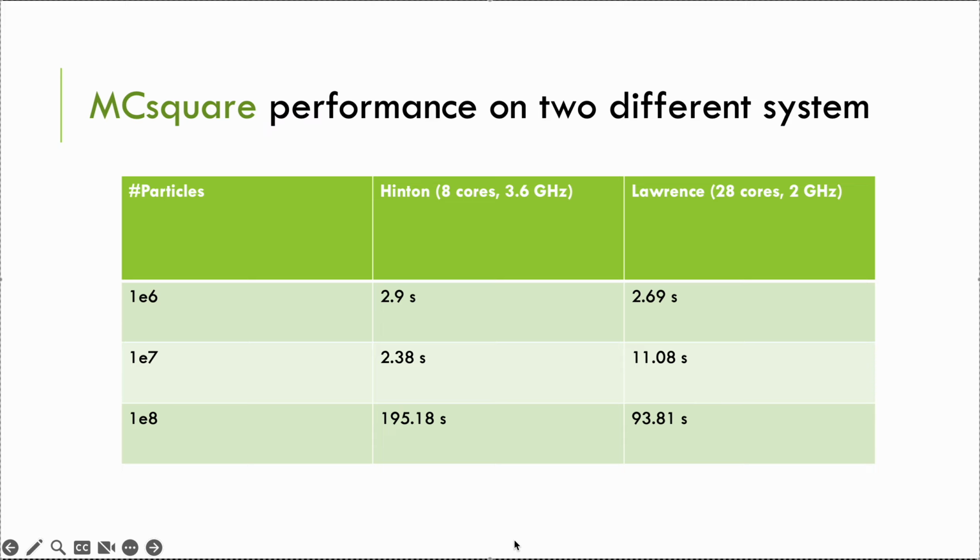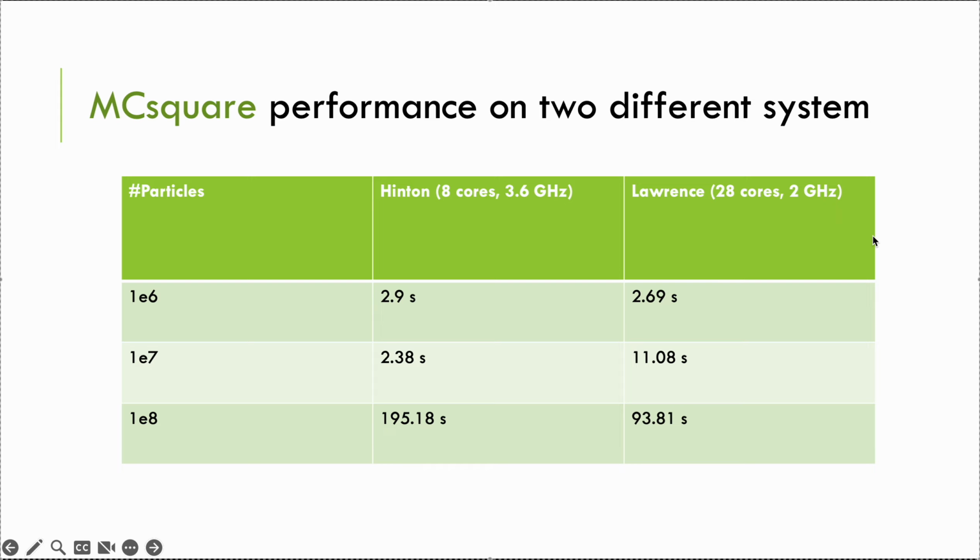What I noticed was that for 1 million and 10 million protons, Hinton is quite a bit faster than Lawrence. But when it is 100 million particles, Lawrence beat Hinton. I think Hinton is fast for the smaller counts because of the clock speed difference.